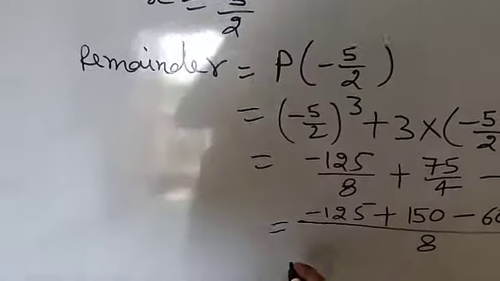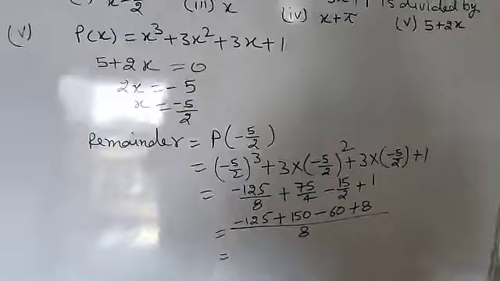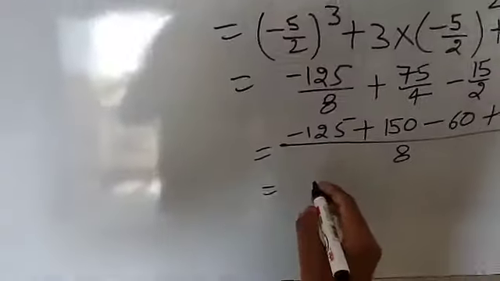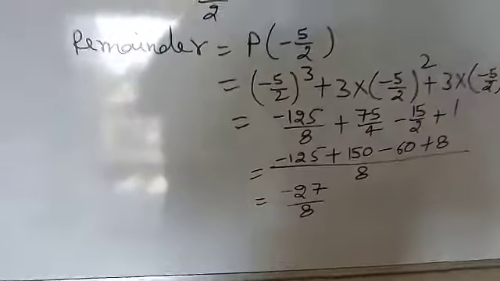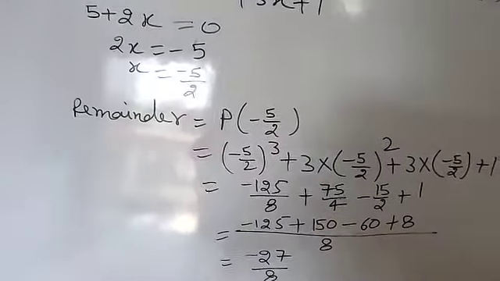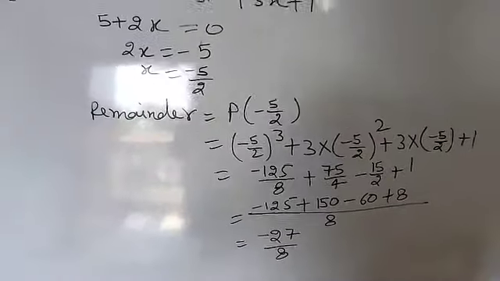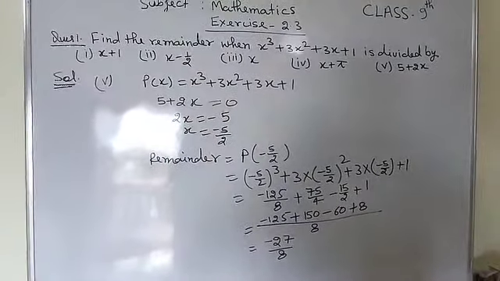Now you need to find this value, and after calculation you will get minus 27 upon 8. So calculate this. These two are negative, these two are positive. So add that, and after that you will get this value equal to minus 27 by 8. So the remainder will be minus 27 by 8.